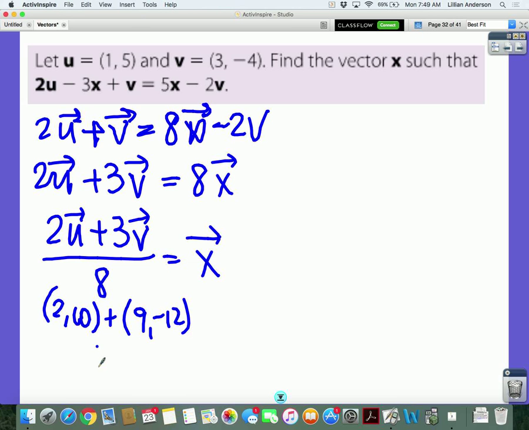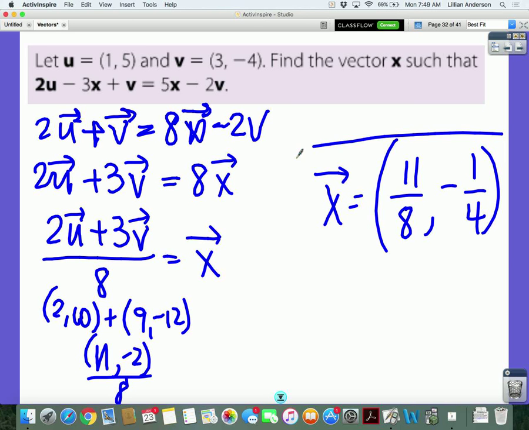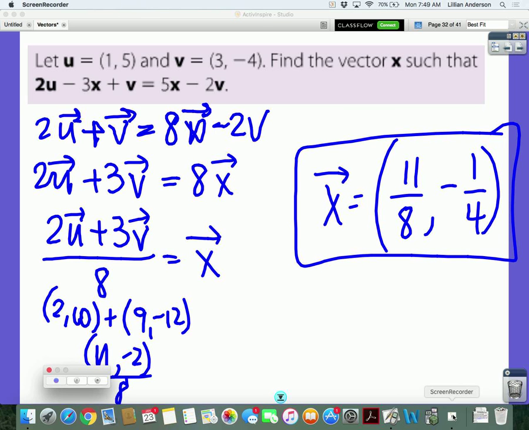So when you actually add them together, you'll have 11, negative 2 divided by 8. So then your x vector would be the result when you actually divide those by 8. Okay, so you can do a lot of things with vectors, like normal type of operation.